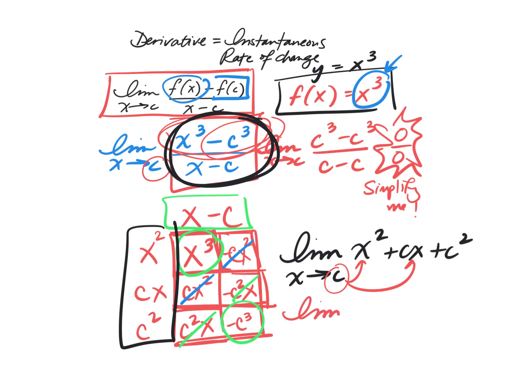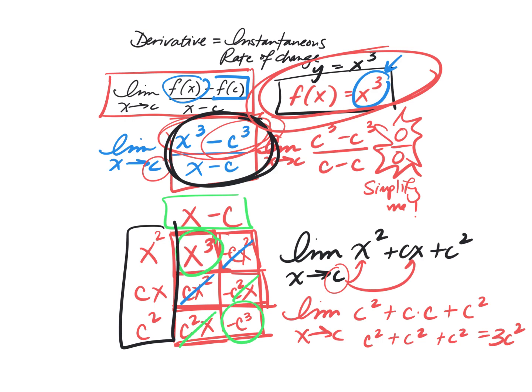So I have the limit as x approaches c of c squared plus c times c plus c squared, which is c squared plus c squared plus c squared, which is 3c squared. So what it's saying is when I start with a function right up here, f of x is equal to x cubed, the derivative of that at any constant, and that's what c is, a constant.